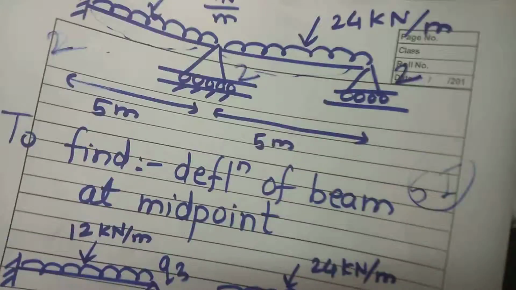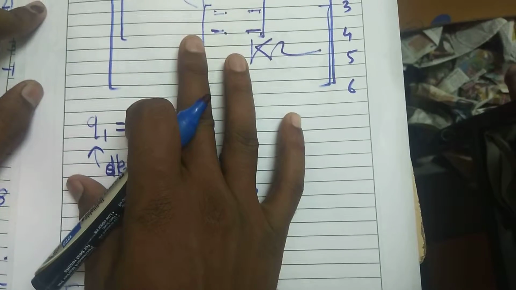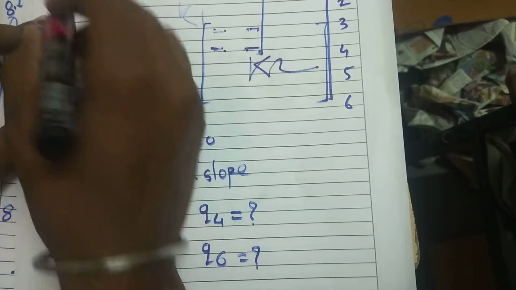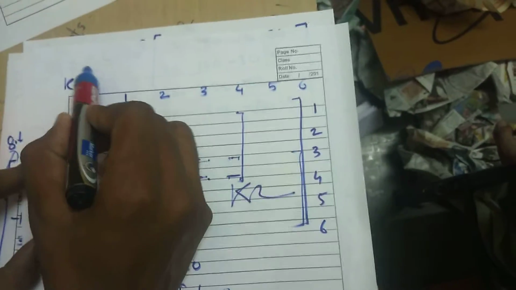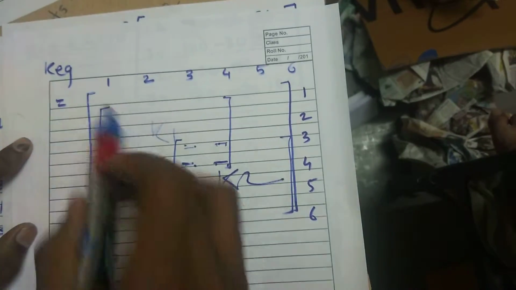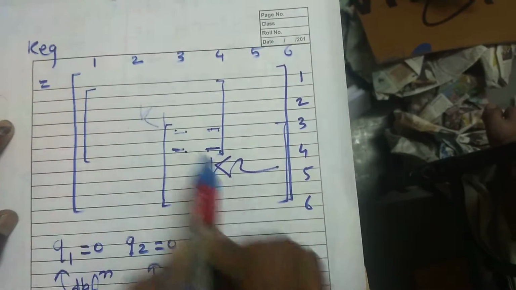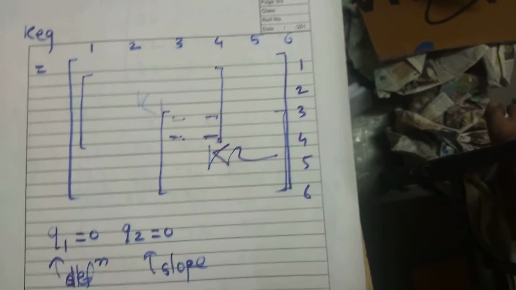Friends, we have calculated the K equivalent matrix. In this arrangement K1 will be in this place and K2 will be in this place.